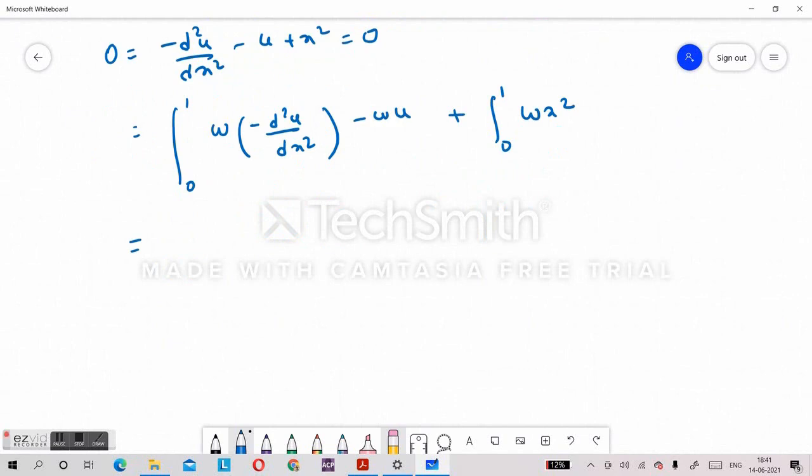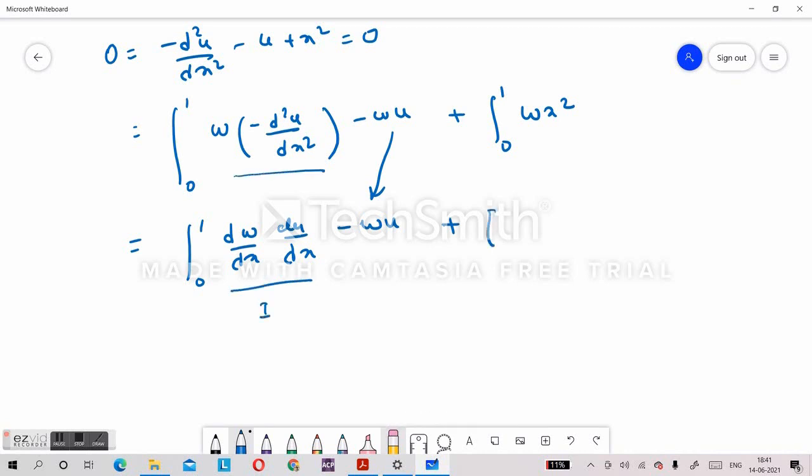Then we do integration by parts, and this term will become du/dx minus wu, and the second term will appear. Integration by parts has two terms: this is the first term and the second term is here.